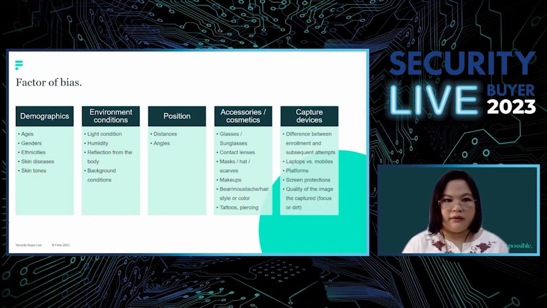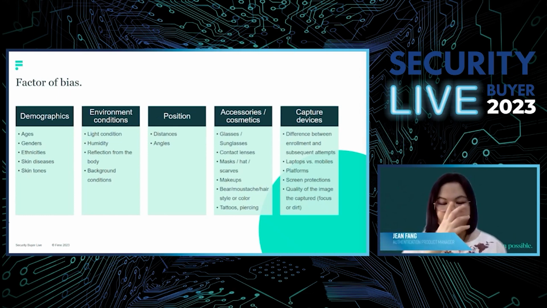How we can look at and control the bias from environment conditions is also one area we should look at. Likewise, the position, how far the users are holding their device or the angle they are holding it at, can introduce differences in the biometric decisions.